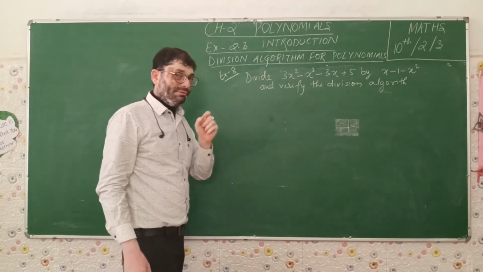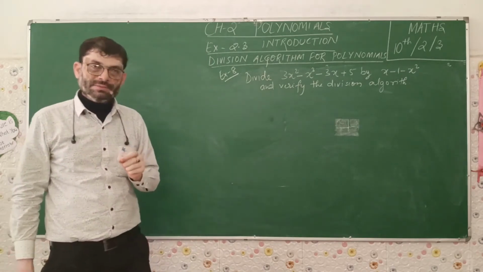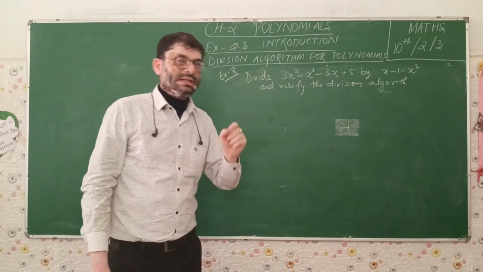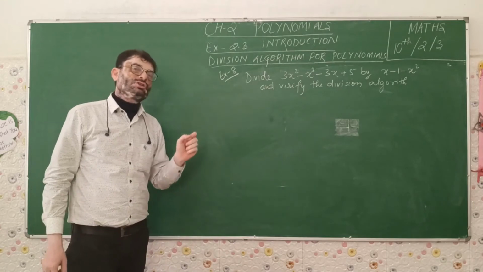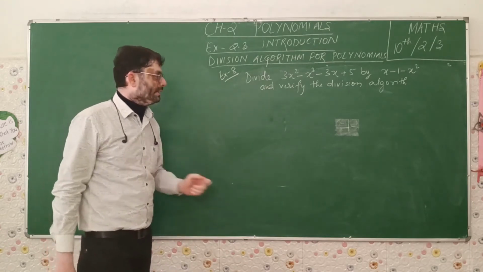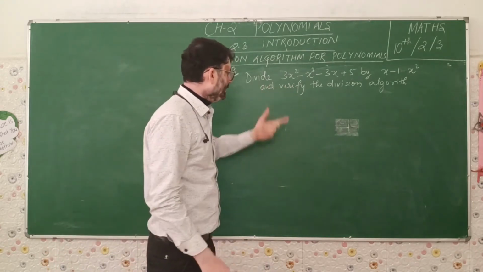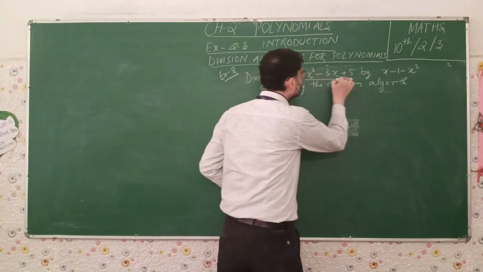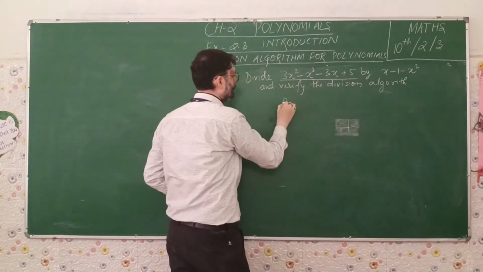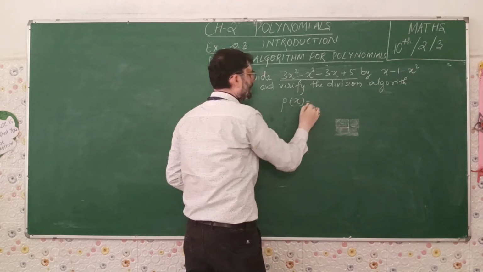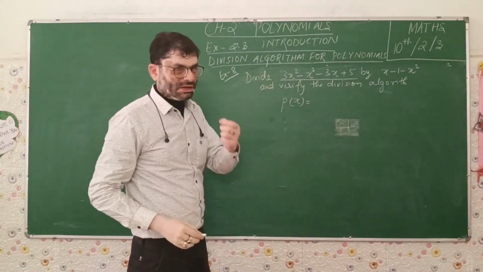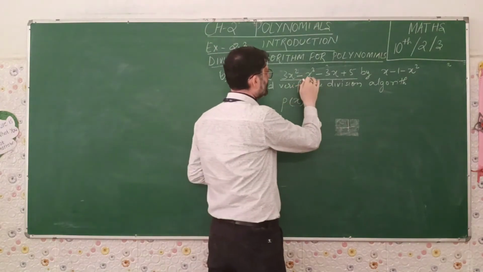And moreover, before continuing any division, I have told you earlier also that the degree of the variable should be in decreasing order. So let us arrange it and name it also. We have to divide this polynomial. So this is my p of x, and arranging it in the decreasing order of power of x, the first is degree 3.